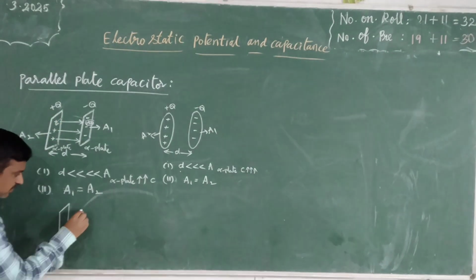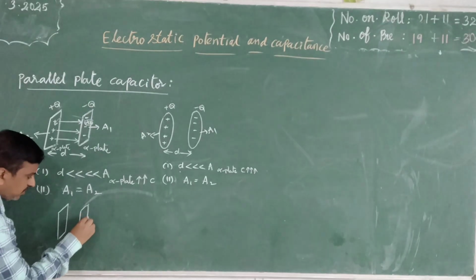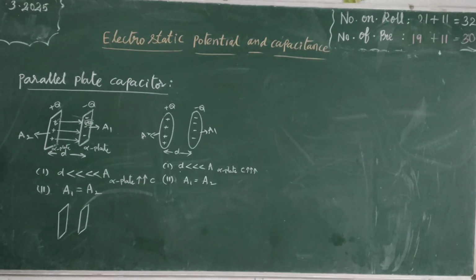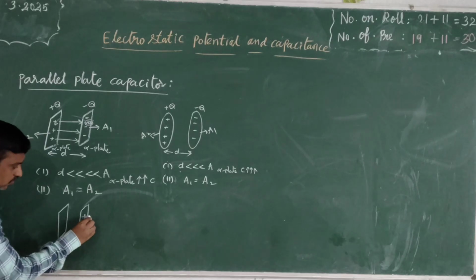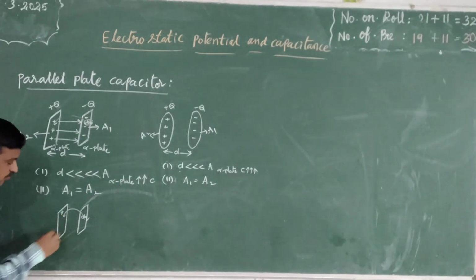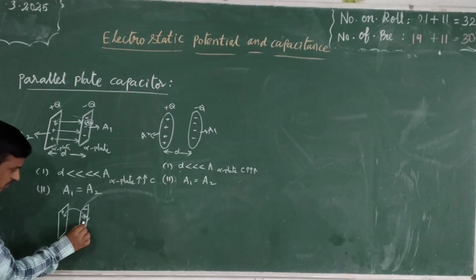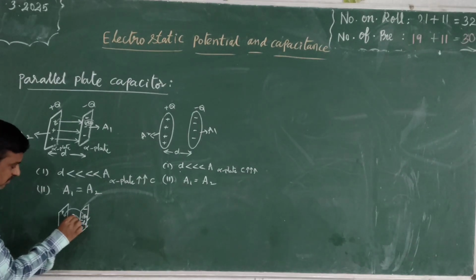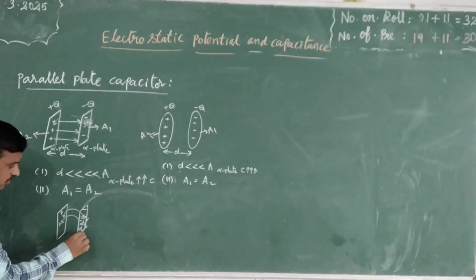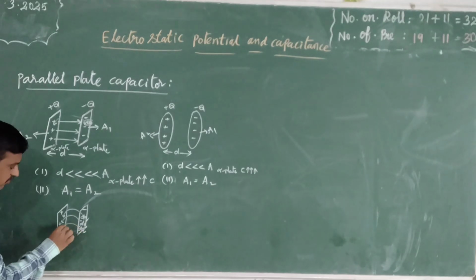Both plates get equal magnitudes of charge. We take dq and store it here, so this one gets plus and that one minus. One more dq we take, minus here and plus there. One more dq, minus here and plus there.